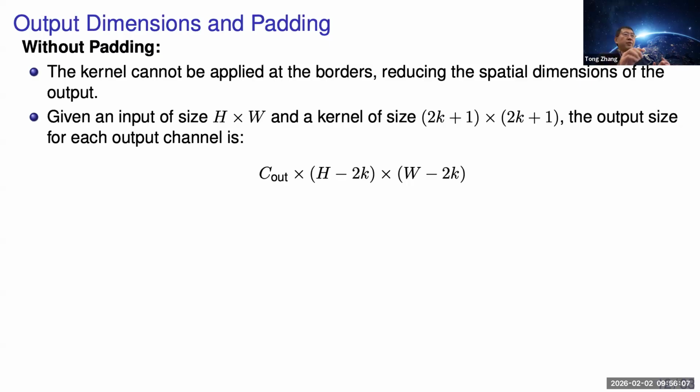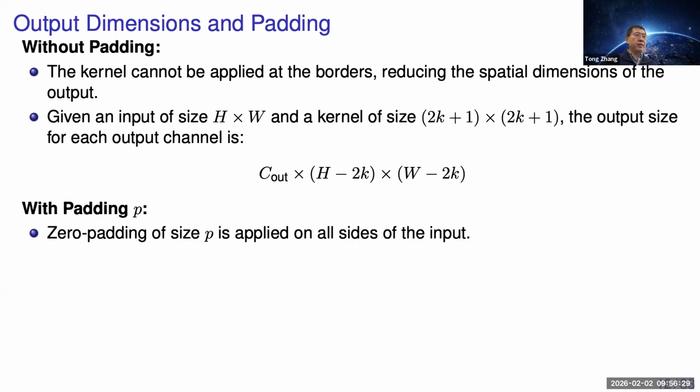With 5 by 5, ignoring the boundary, you produce a 3 by 3 when you do convolution, because at the boundary you cannot do convolution and it shrinks from 5 by 5 to 3 by 3. So this padding allows you to maintain the image size.